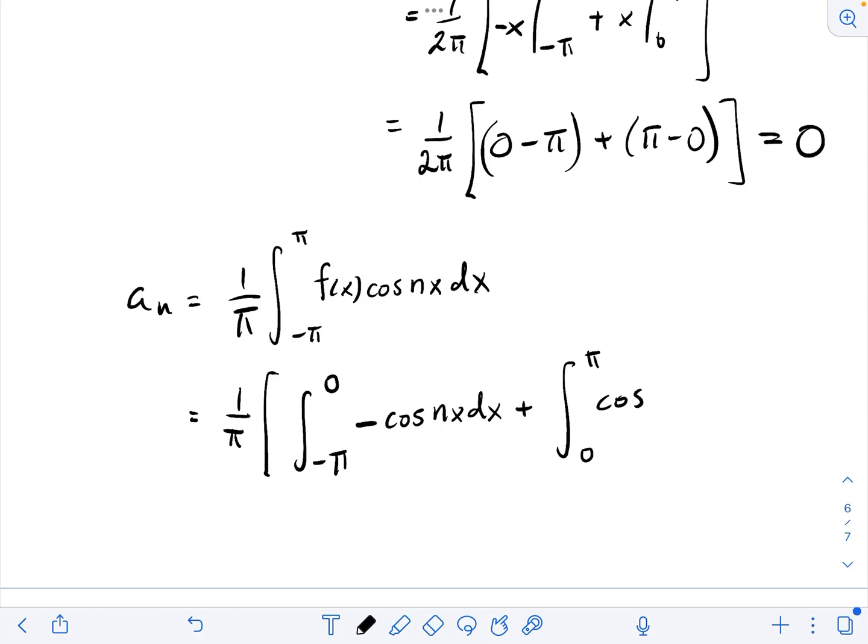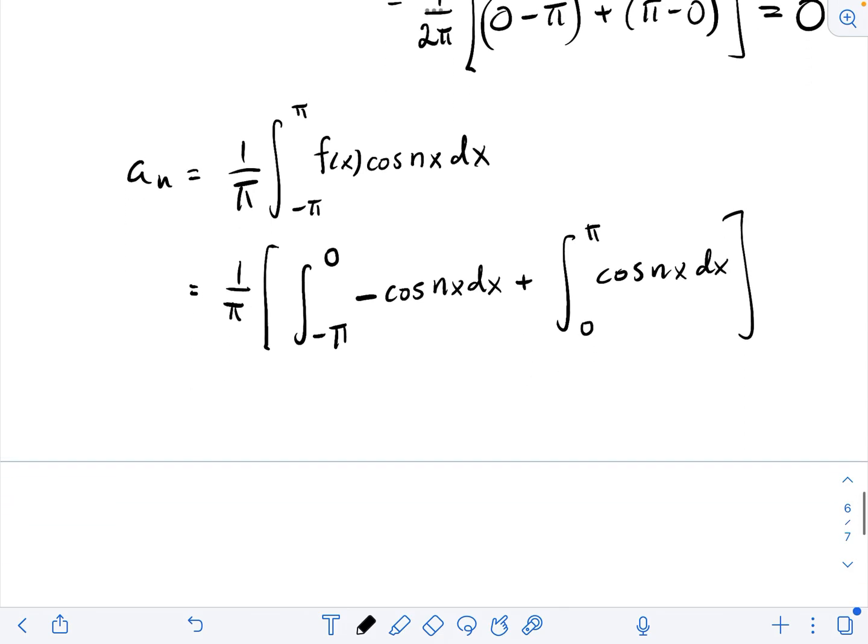Okay, so it's 1 over pi. You might already see what the result is going to be, but let's just work it out in a little bit of detail at least. So when we integrate cos, we get sine plus 1 over n sine nx from 0 to pi.